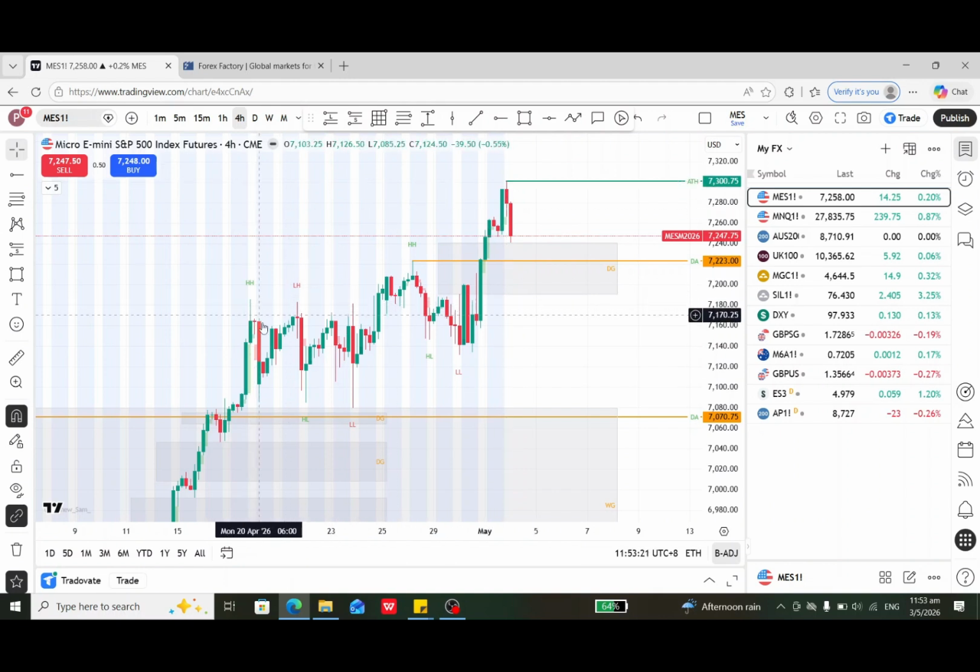Based on this, from this all-time high to this all-time high, in terms of points it is not that much. Every time the market retraces back, it then creates another new all-time high, and from here to here is also not that much.